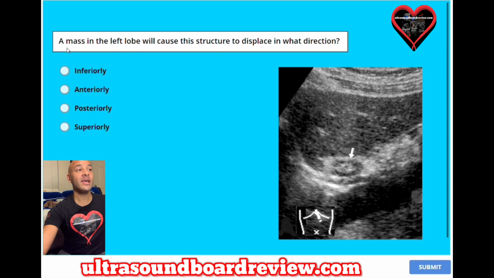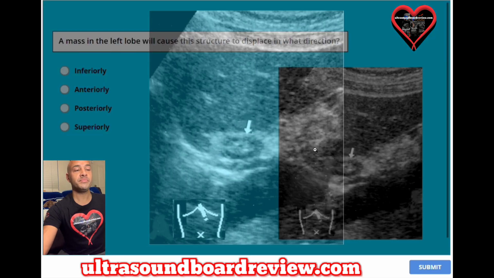Question 127. A mass in the left lobe will cause this structure to displace in what direction? A, inferiorly, B, anteriorly, C, posteriorly, or D, superiorly?